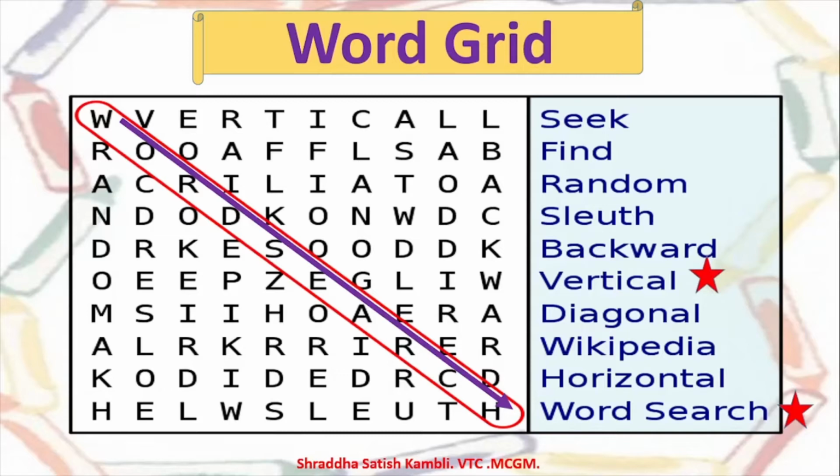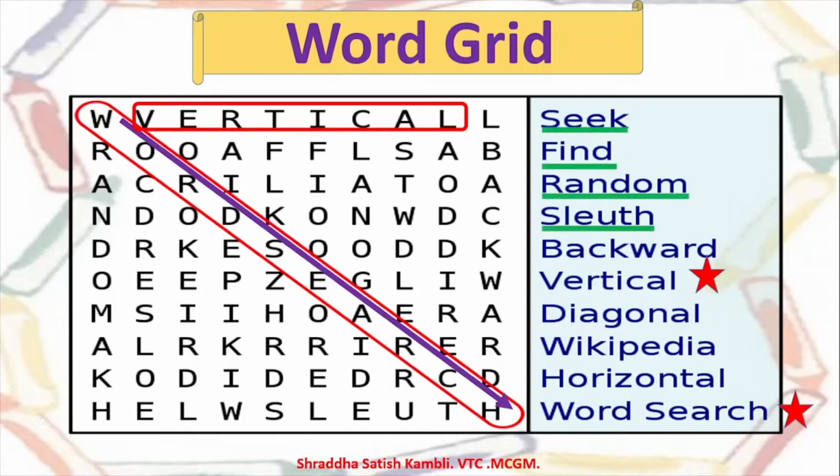Vertical. Can you find the word vertical in the grid? Yes, here it is. Vertical. That means some of the words in the grid can also be shown in the vertical manner. Now, vertical is written horizontally. Okay. But see the spelling. VERTICAL. Vertical. And then you have other words also.